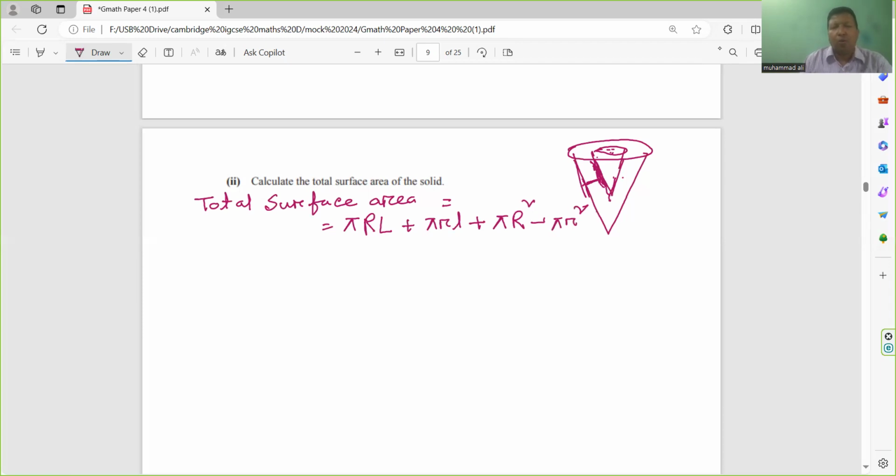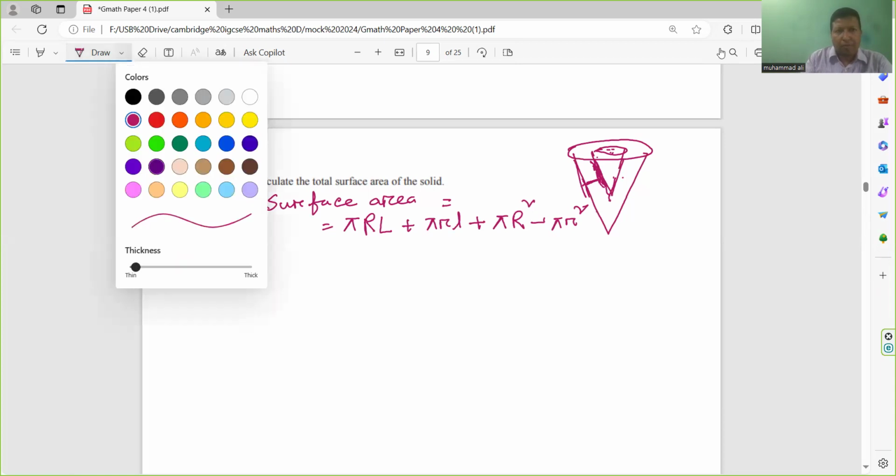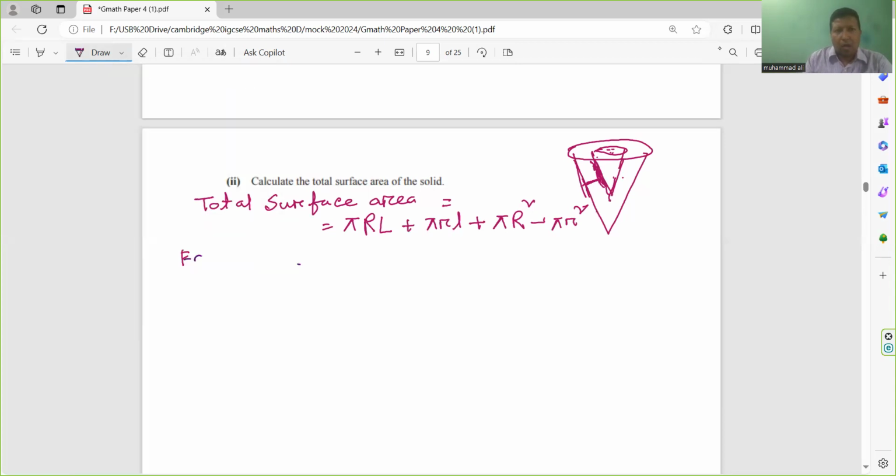Now we don't have the bigger cone slant height, and we don't have the smaller cone slant height. So for the big cone, like the right angle, the big cone radius equals 9 and vertical height is 21.